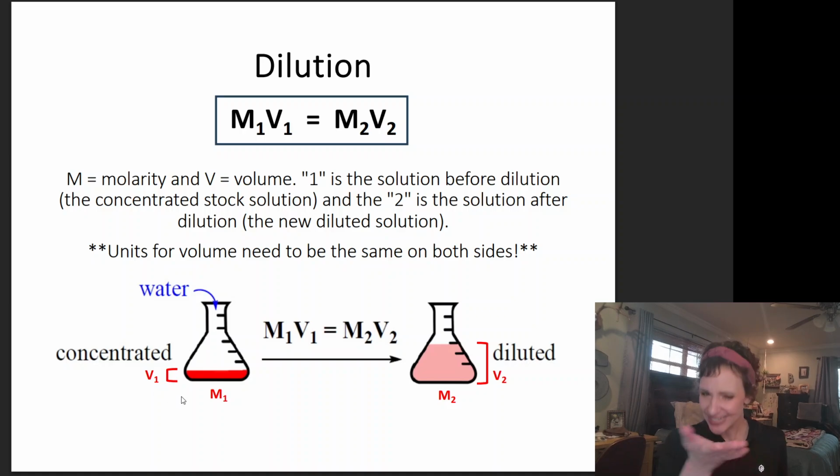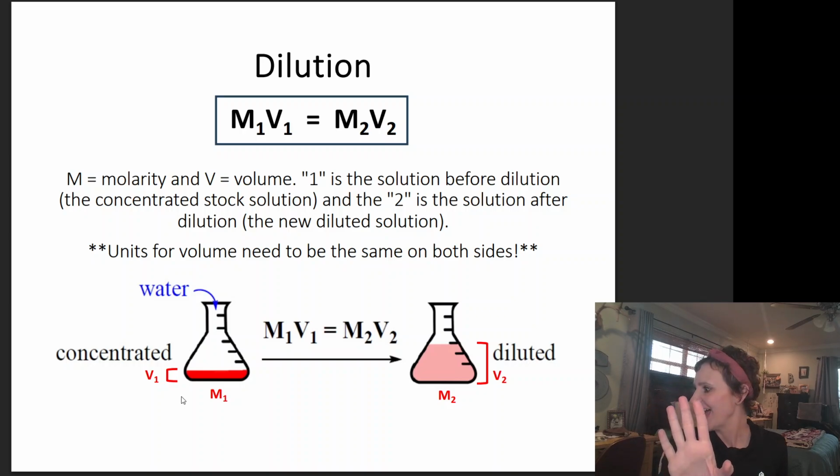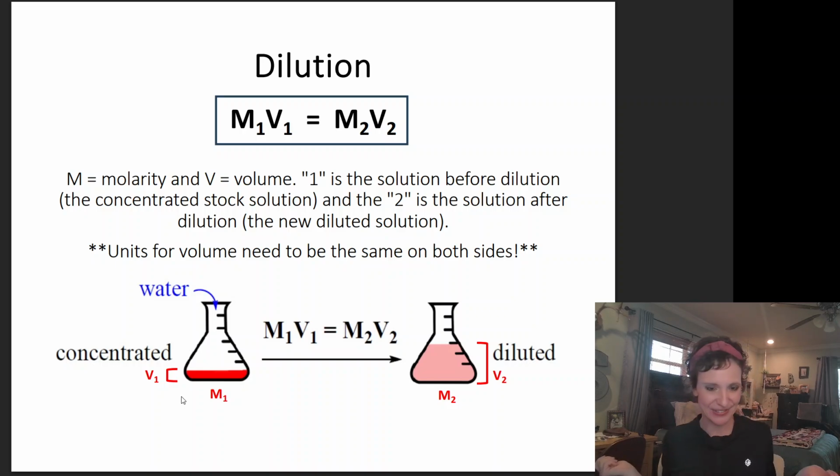Now, this equation is super easy. Where I find that students get tripped up is you guys are like, well, I can solve for a value, but what does this value even mean? So I like to provide a visual thing here. So if in this flask, I have a sample of my original super concentrated solution of some sort of known molarity or concentration value, and I have a certain amount of volume of that concentrated solution. So that would be my M1 and my V1, what I got starting and what I got starting for volume.